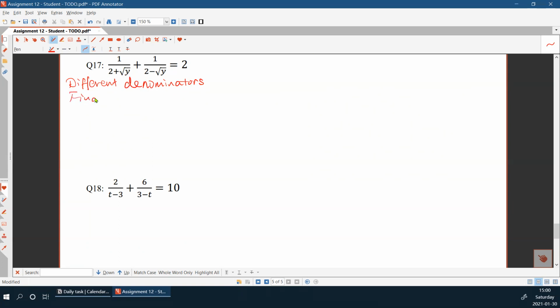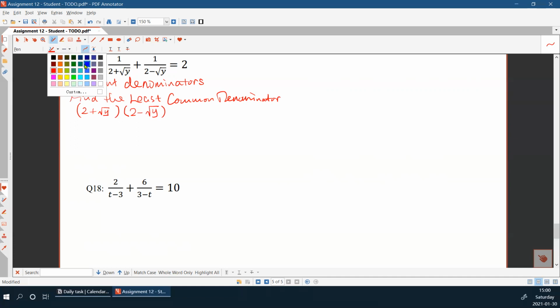We can always find the least common denominator, right? And then add them up. Find the least common denominator. Okay, so the least common denominator is, of course, 2 plus square root y times 2 minus square root y, right?